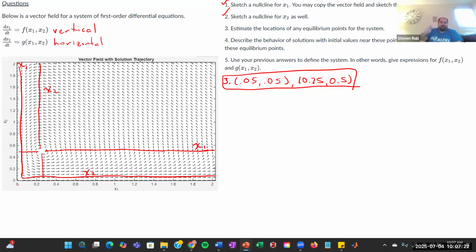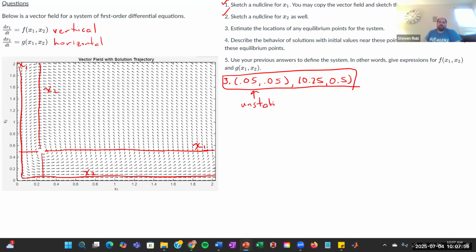I would like to see more of the full surrounding area, but from what I can tell, it doesn't seem to be very stable. From above, my slopes are coming into this point, but they're not going to settle out there. They're always going to move to the right, and if they move far enough to the right, they're basically going to circle back around. So I would say this point is unstable.